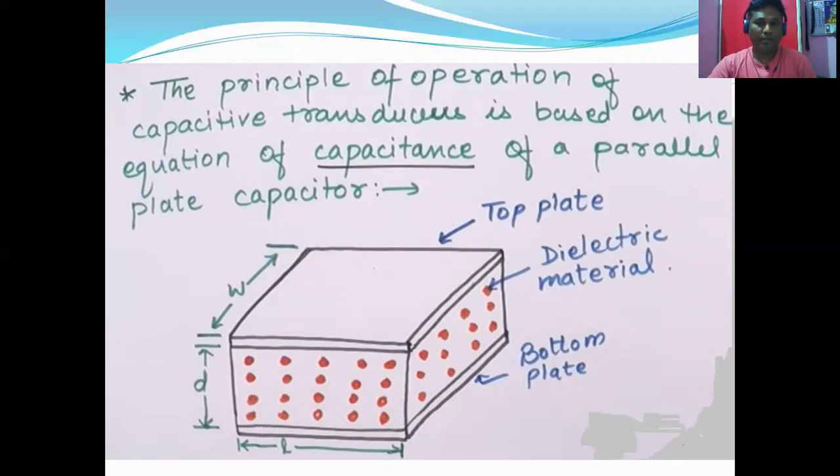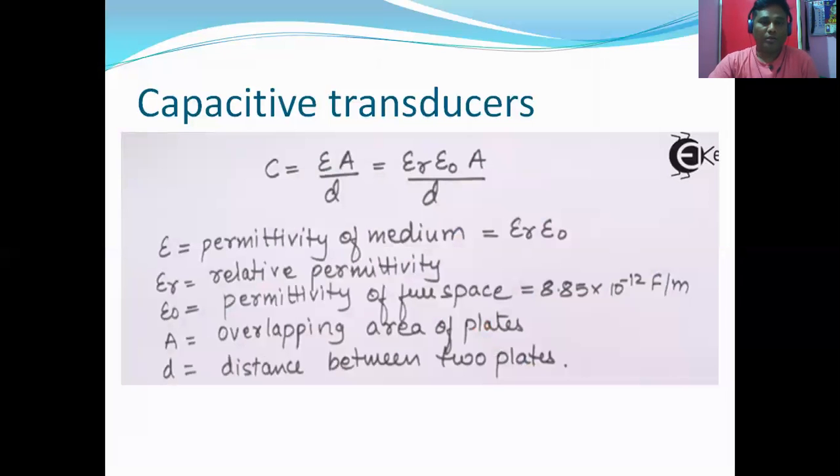In between the two plates we assume dielectric material. So in this situation, the formula for the capacitive transducer is C equals epsilon A divided by small d. Here epsilon is epsilon r times epsilon 0, so C equals epsilon 0 capital A divided by small d.